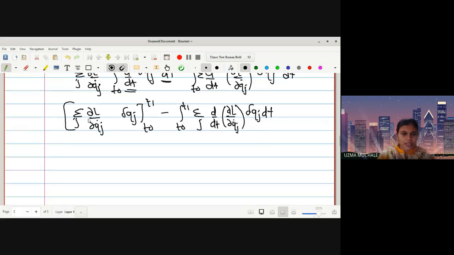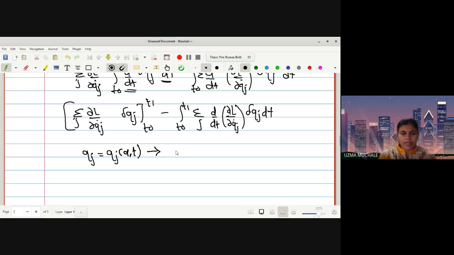Now what is the value of this term? Can anyone tell me? What we have written here, Qj is equal to Qj of alpha, t. What do you mean by this?